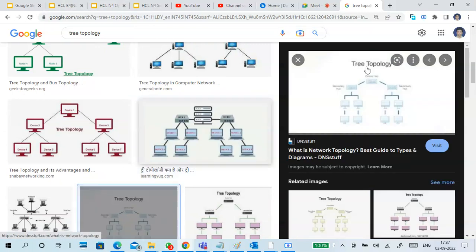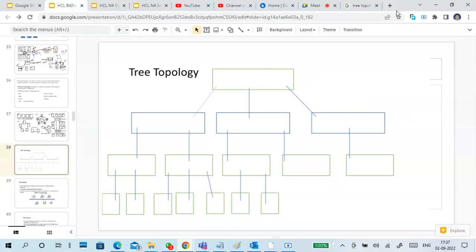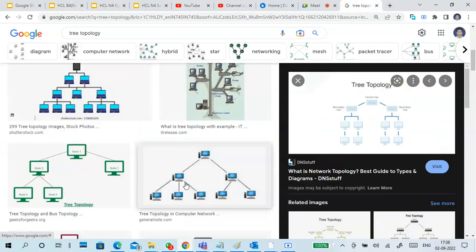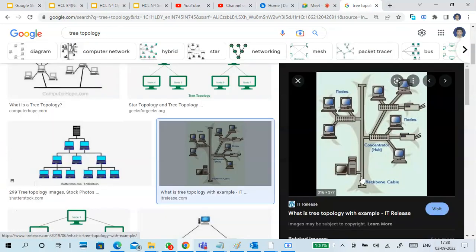Last time I also verified which one is correct. One is connected to two or three or four, and each is connected to one, two, three, four, but it is also shown like this: one backbone connected to multiple branches.